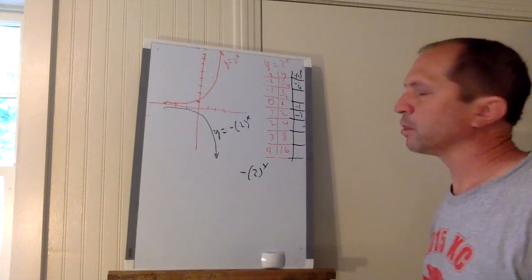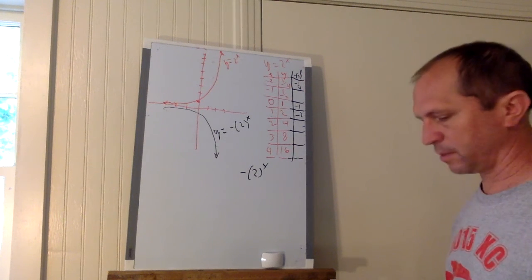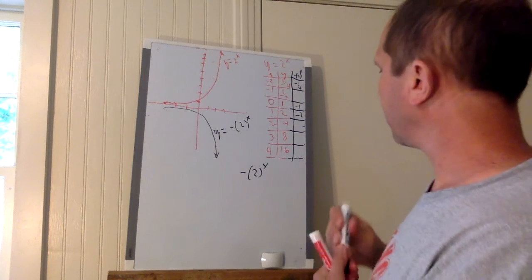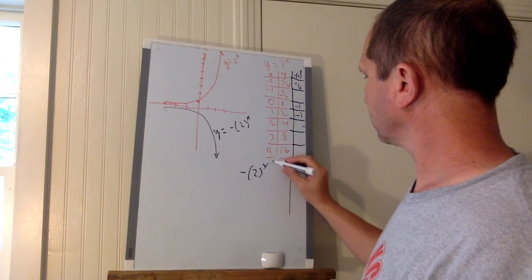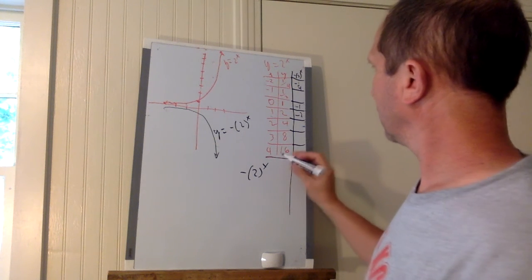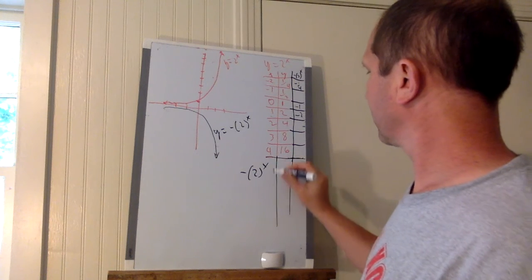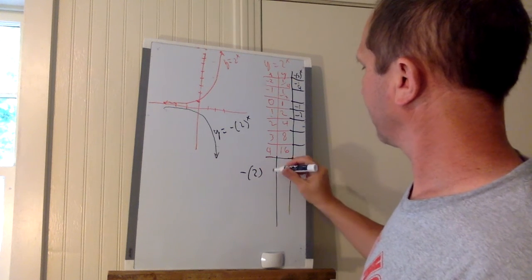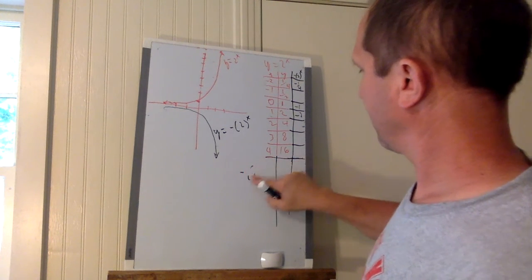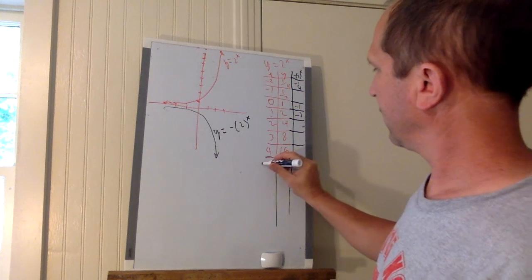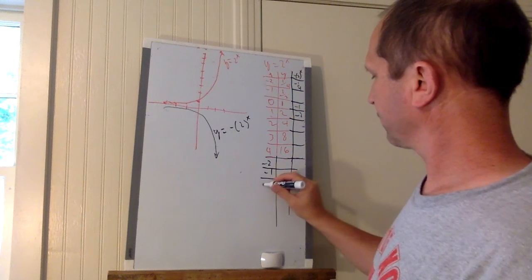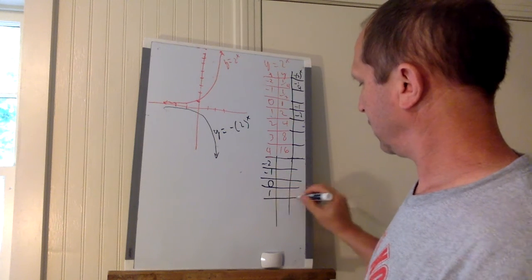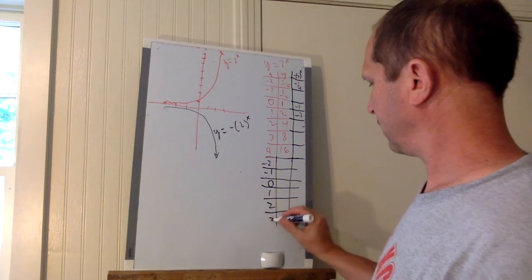Now, I want to look at one that does something that you may not be thinking about. Let's go with -2, -1, 0, 1, 2, and I'll stop at 3.